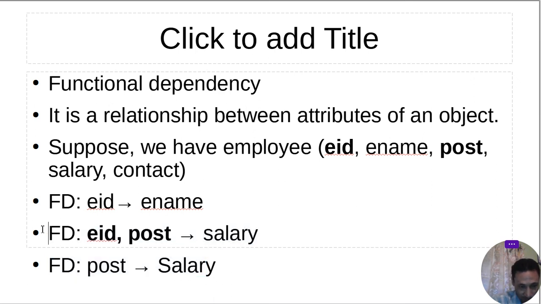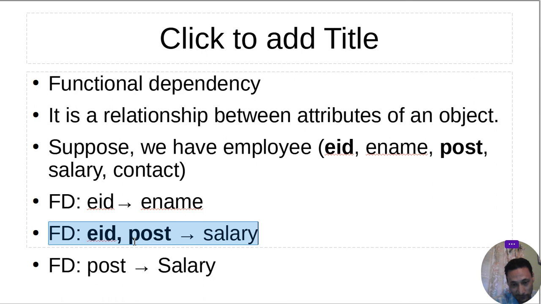In this first functional dependency, salary is dependent upon a part of the key. The part is post. The post is sufficient to determine salary. So we can say the salary is partially dependent upon this determinant EID and post. Partial dependency means the dependent variable is dependent upon a part of the determinant.